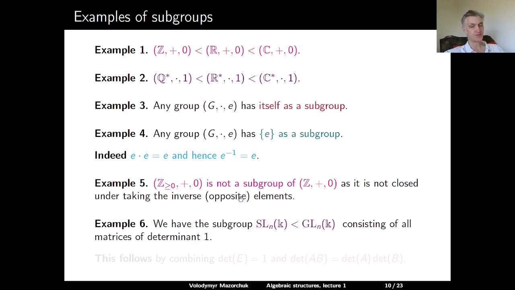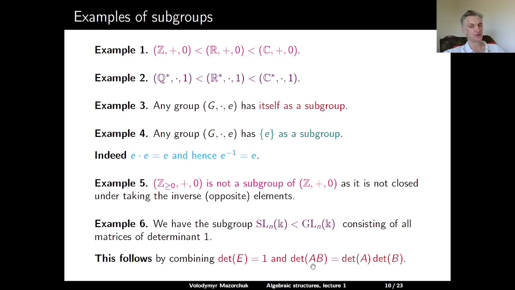Example 6. The general linear group GL_n over K has a subgroup which consists of all matrices which have determinant 1. And this is a subgroup because, first of all, the identity matrix has determinant 1, and also the determinant of the product is the product of the determinants.